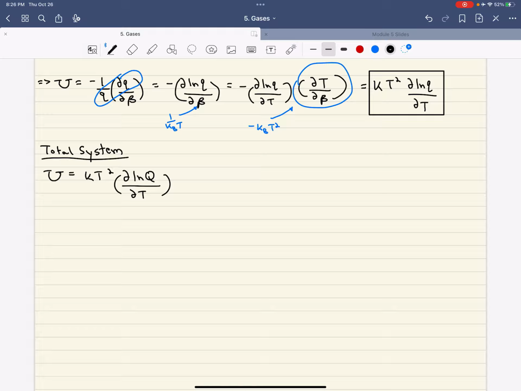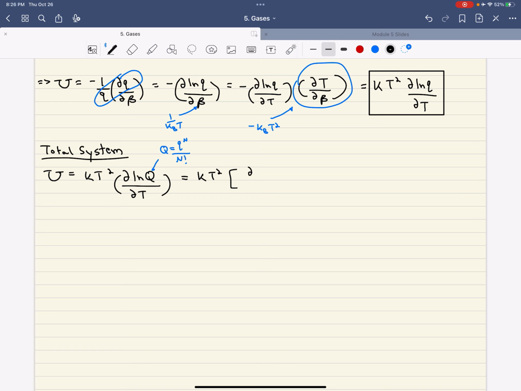All right? And what I'll do now is we know that the total system partition function for a system with indistinguishable particles is just this. Okay? So we'll go out and write that derivative. So I'll factor out the kT squared. And since we have two things here, we have to apply the quotient rule.